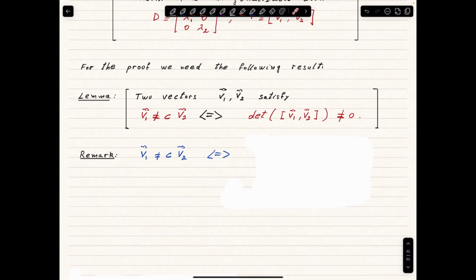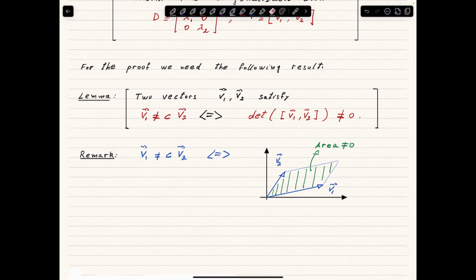Not proportional means they are pointing in different directions in the plane, because these are vectors with two components. Because they point in different directions, they form a parallelogram, and this parallelogram has area different from 0.